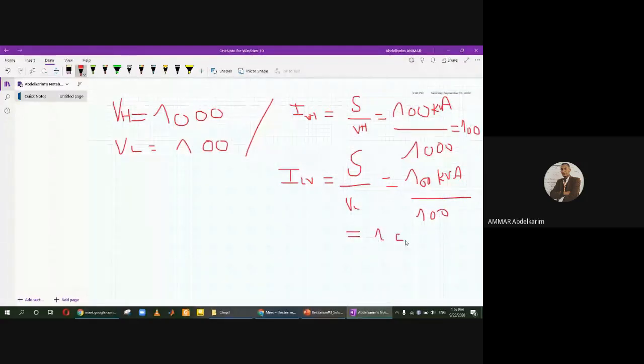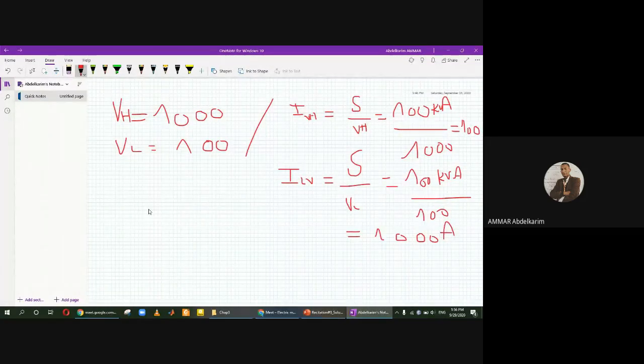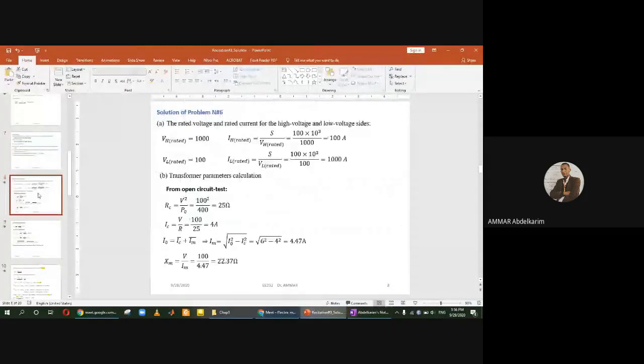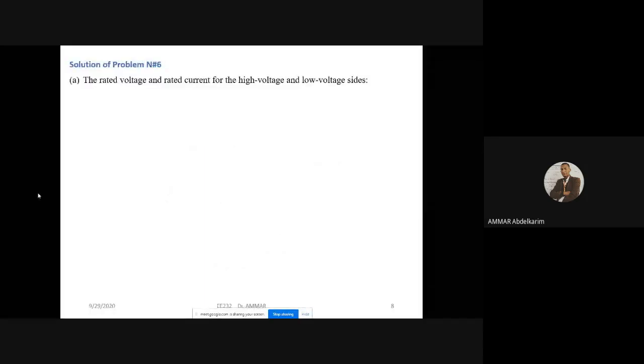So wherever the voltage is high, the current is low, and wherever the current is high, the voltage is low. So the current in the low voltage side is bigger than the current in the high voltage side. Okay, so this concerns the first question.